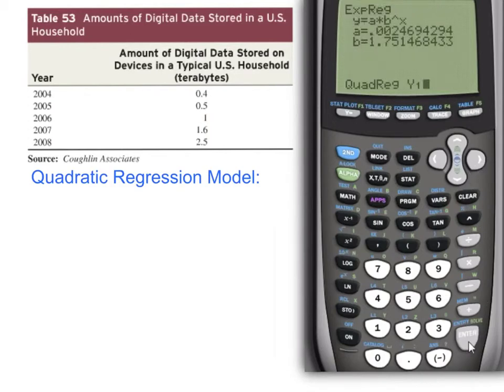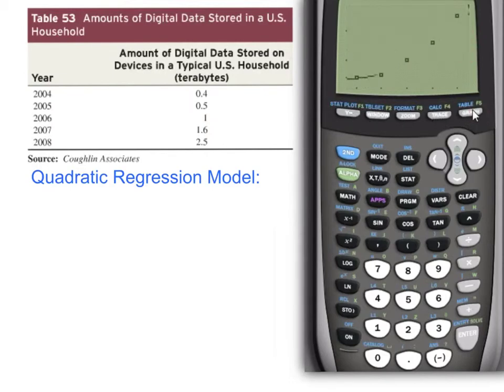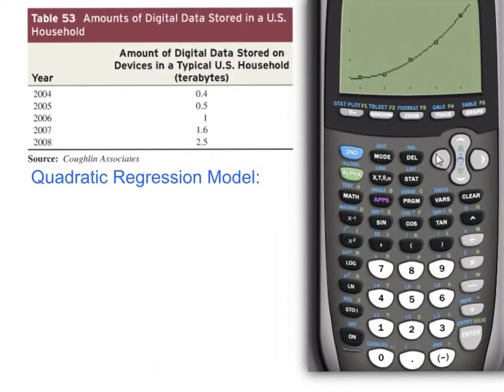And that'll just automatically enter this equation into y1. So here's the answers, and then you can see it is in y1. And so if I press the graph key, it'll show me how well that model fits the data points. And as you can see, it does tend to fit very good.